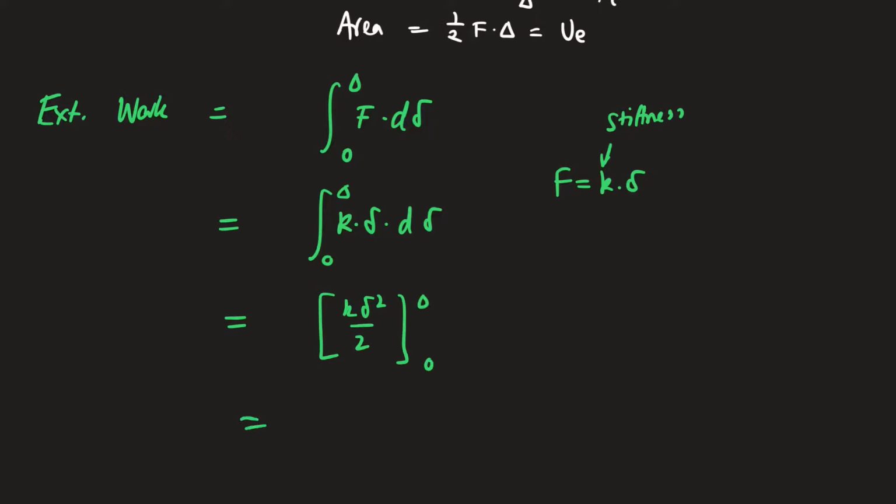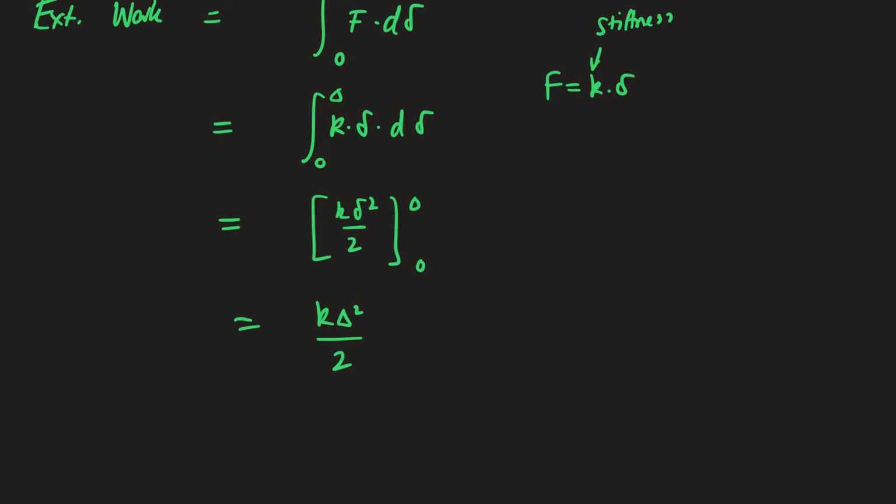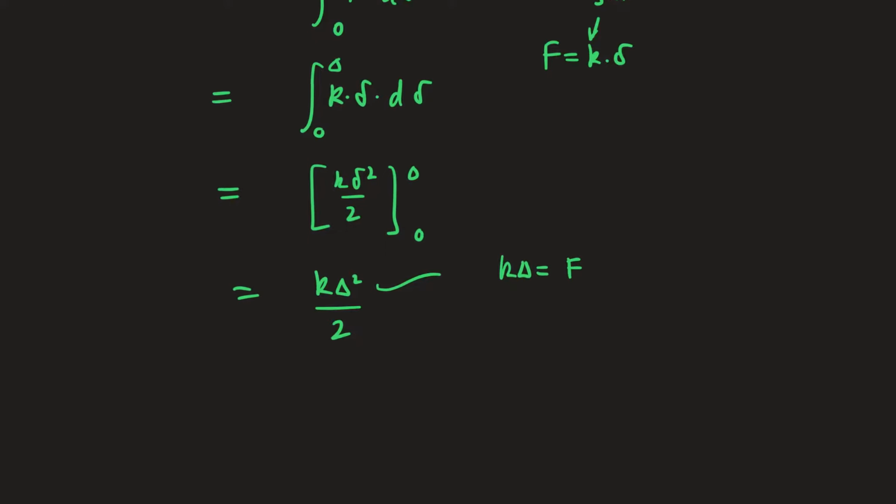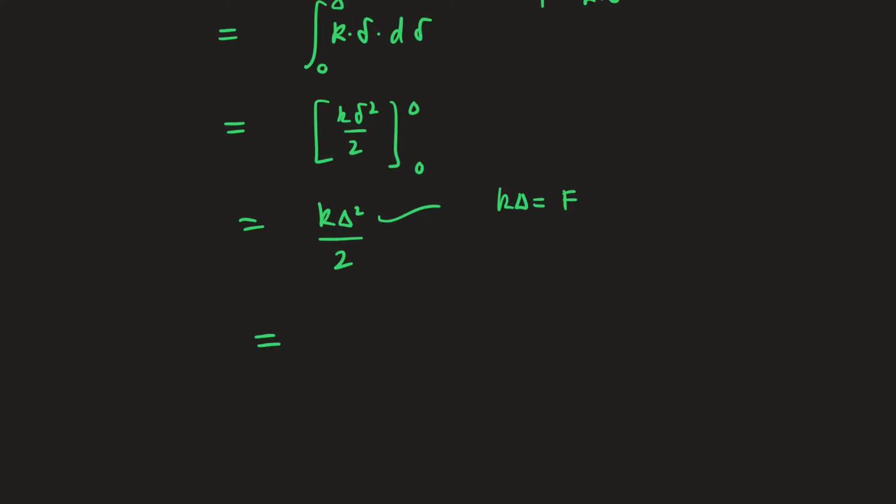This then becomes k delta squared on 2. Now we know that k big delta is equal to our final force, therefore our total external work is equal to force multiplied by delta on 2.